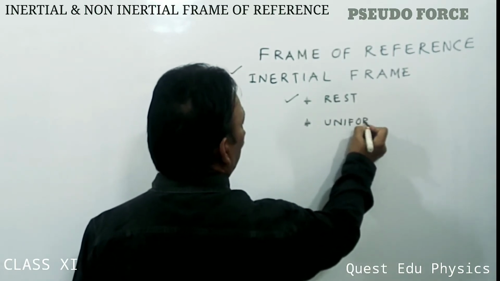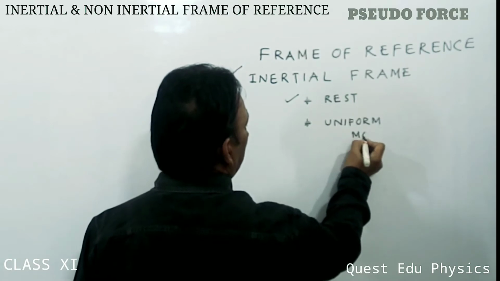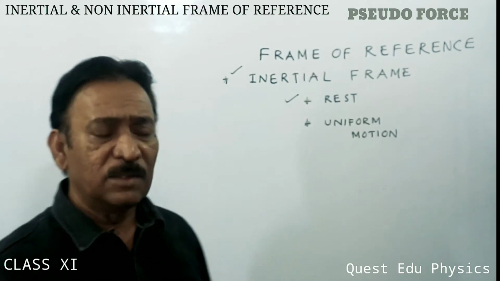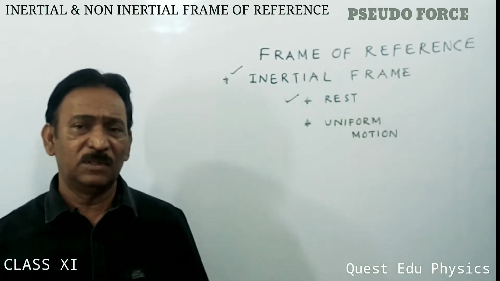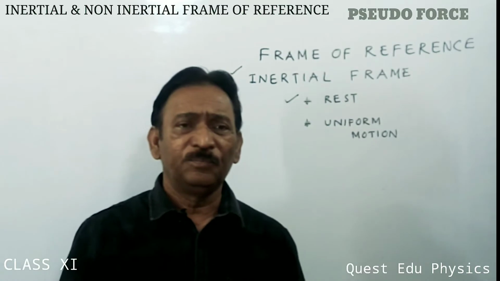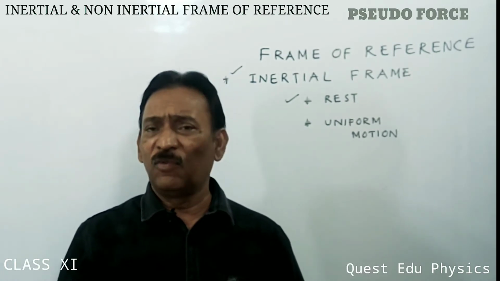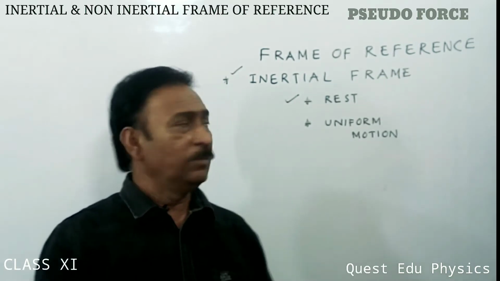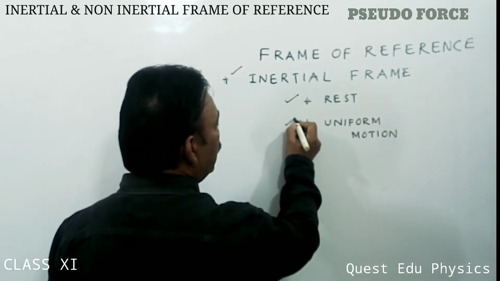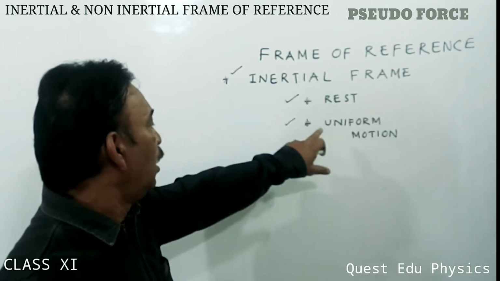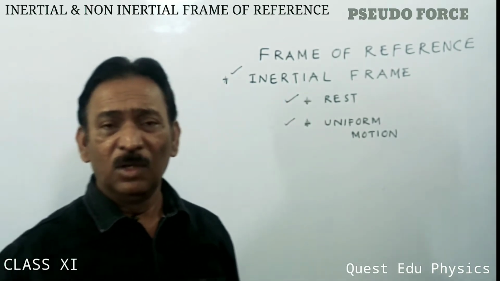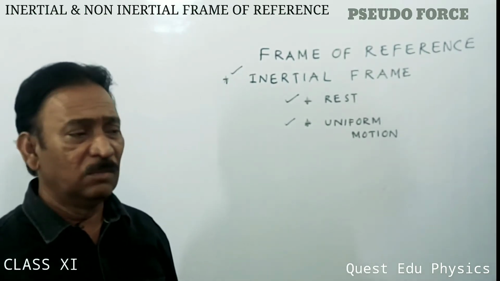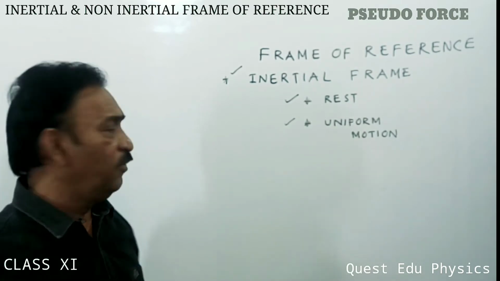When a body is moving with uniform velocity, its acceleration is zero. Any frame of reference which is at rest or moving with uniform velocity is known as an inertial frame of reference.